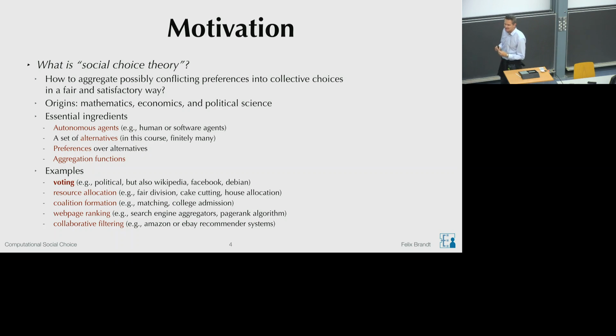Okay, so as I said, many of you probably don't even know what social choice theory is. Well, the name gives it away a little bit. There's no clear-cut definition of social choice theory, but the main question that we study in this course is how to aggregate the possibly conflicting preferences of some agents into collective choices, in a fair and satisfactory way, as it says on the slide here.